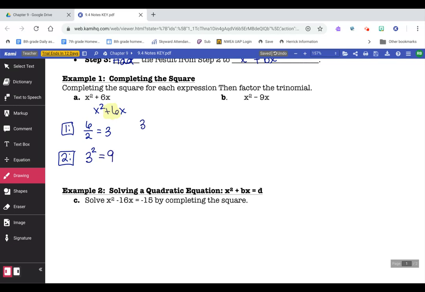And for step 3, we add that to the expression x squared plus bx. So that's x squared plus 6x for this example, and we're going to add 9. Now, realize when I move on to example 2 and 3, I'm going to actually add 3 squared, which is equivalent to 9. You'll understand why in a little bit.